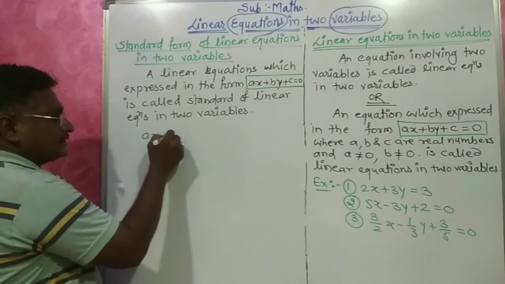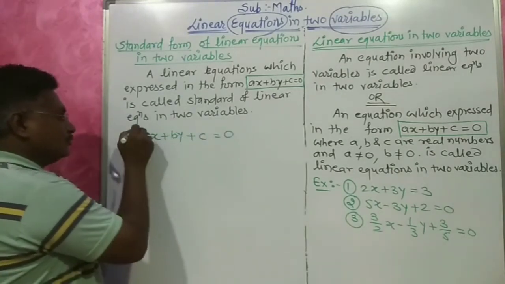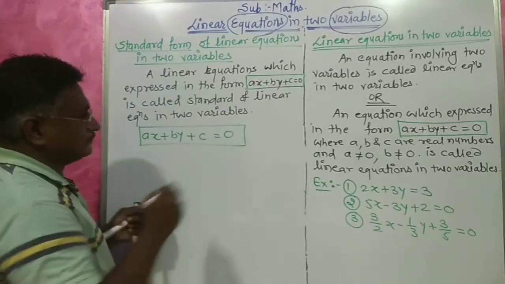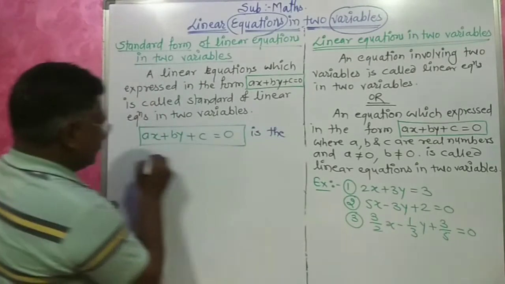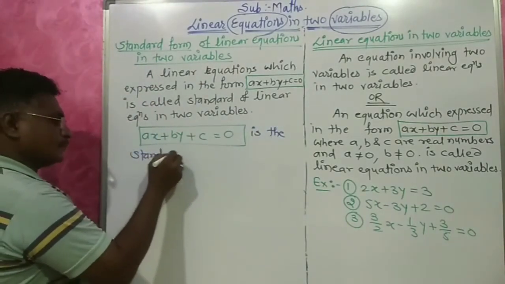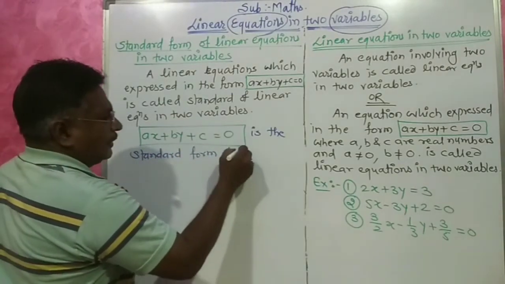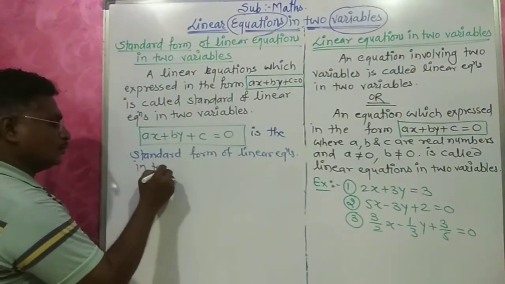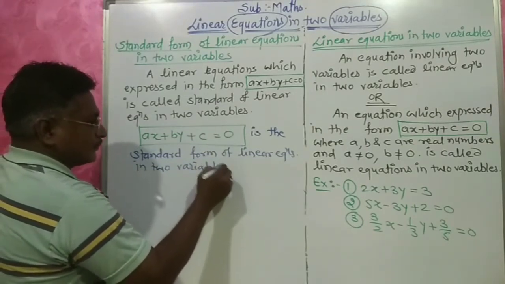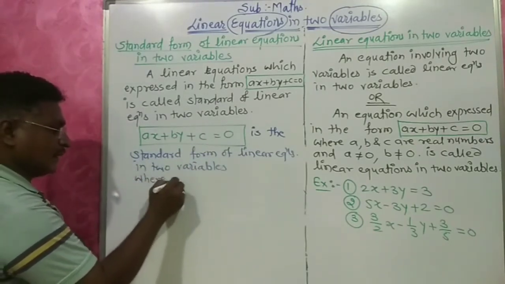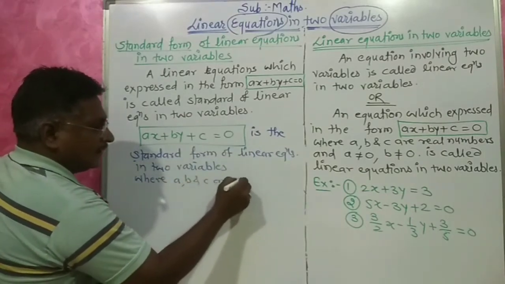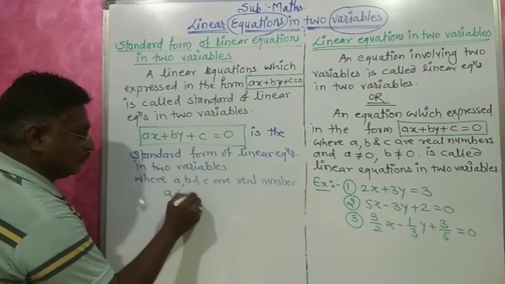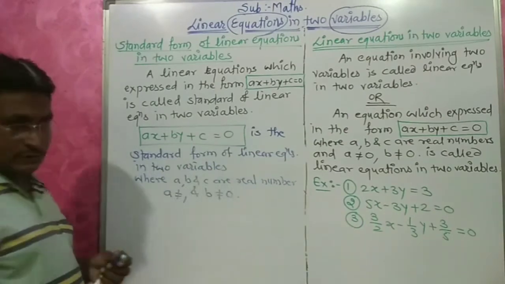ax + by + c = 0 is the standard form of linear equations in two variables, where a, b and c are real numbers and a ≠ 0 and b ≠ 0.